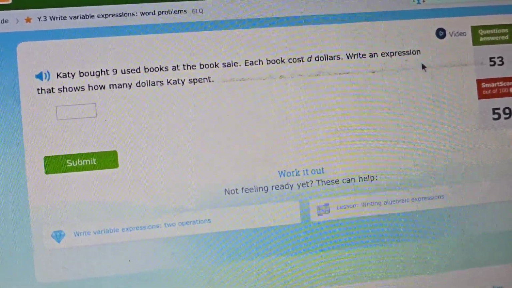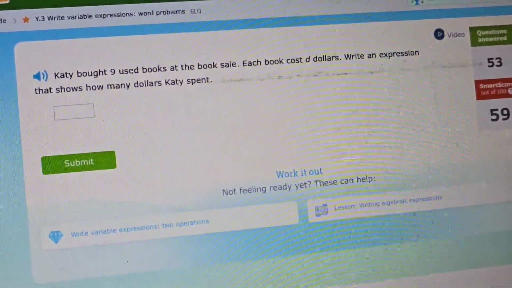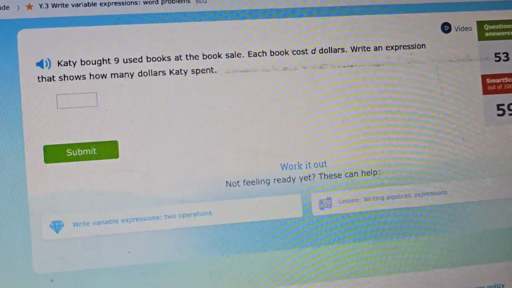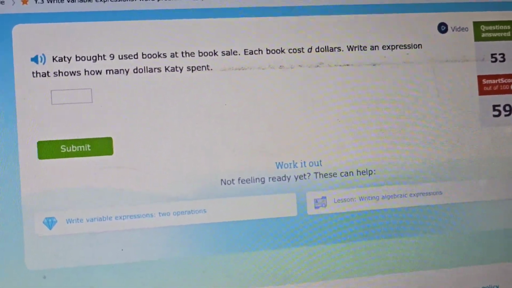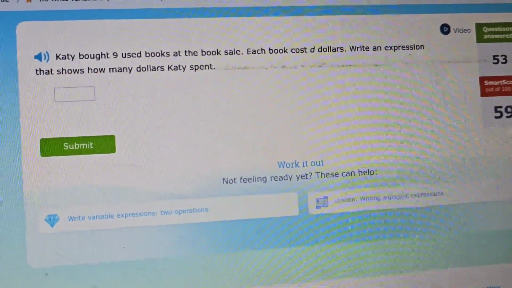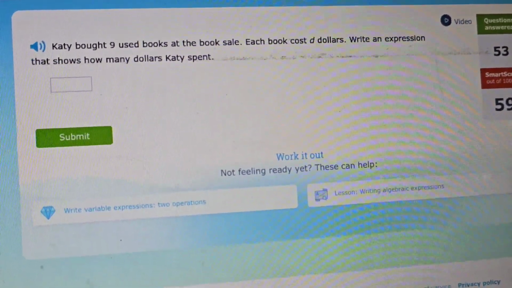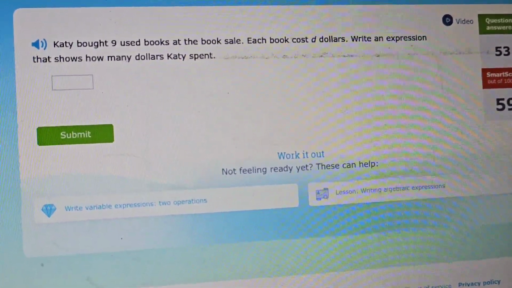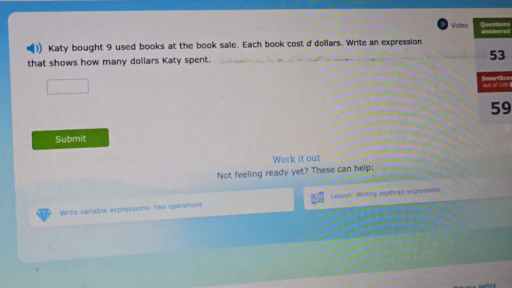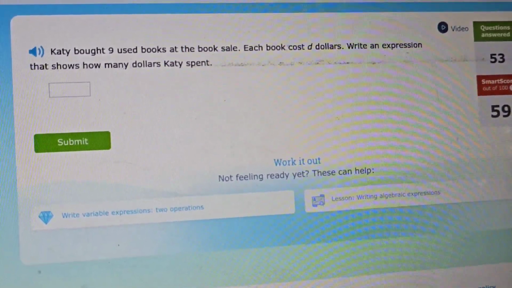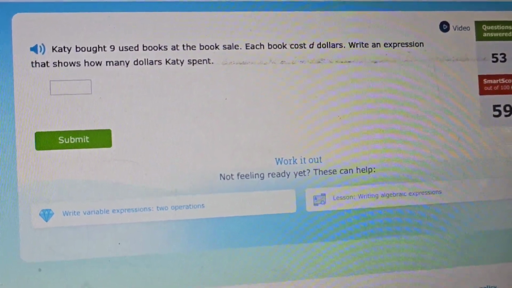Write an expression that shows how many dollars Katie spent. We want to know how many dollars she spent total. If we use the number 2 instead of D, then we would do 9 times 2 to get the total dollars. So we would write an expression using multiplication. 9 times D is what we would write as the answer to this problem.